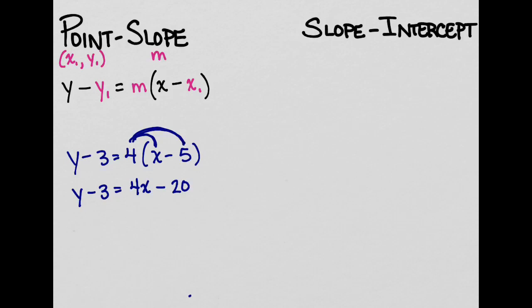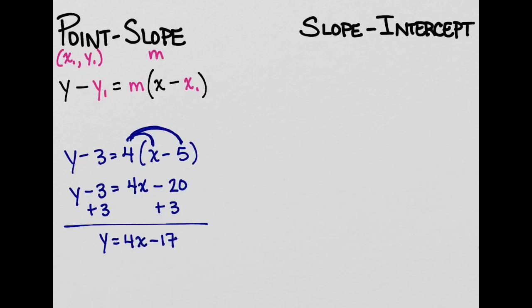Then I want to get y alone, so I add 3 to both sides. So y equals 4x minus 17. And that is slope-intercept form because you have the slope right here and the y-intercept there.